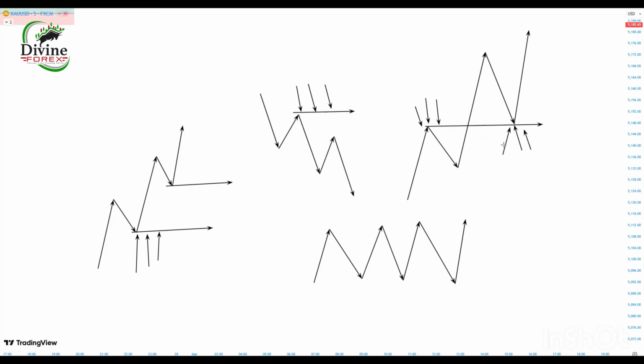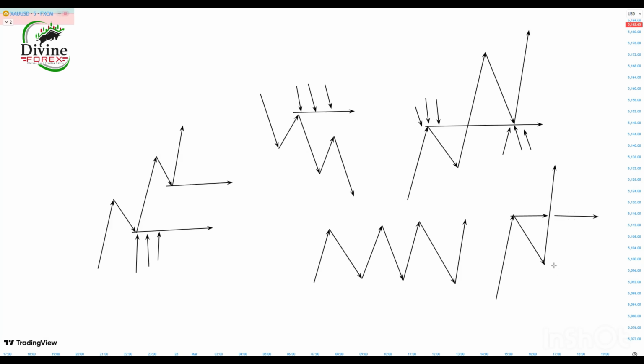You can never use it in future. Suppose we have this resistance. If this level is broken, this can never become a support here. So from today onwards, you must think that if a support or resistance is broken, it will never be used in future. Always the market creates new levels of support and resistance, or sometimes it tests fresh levels.